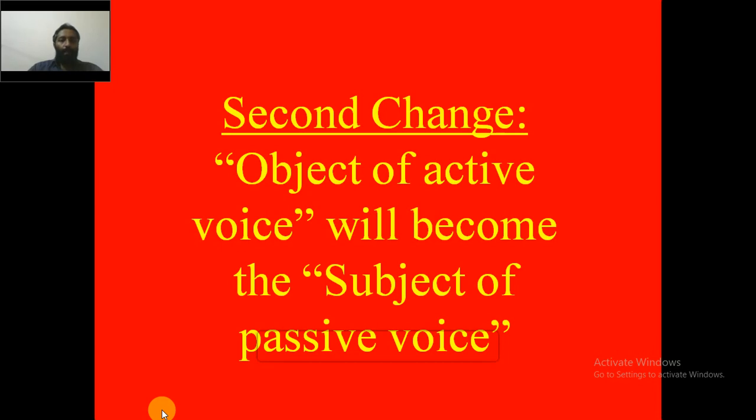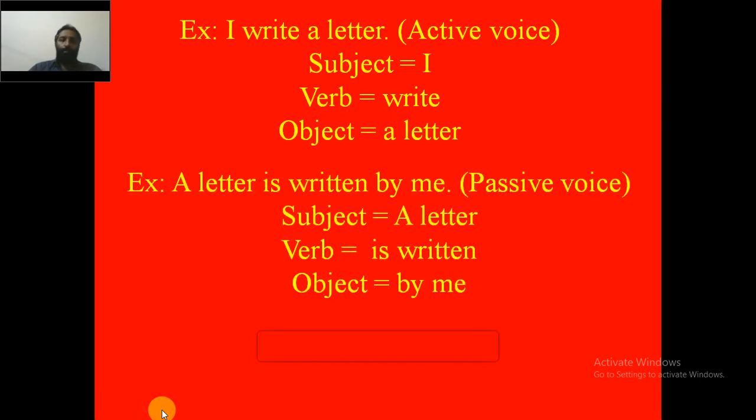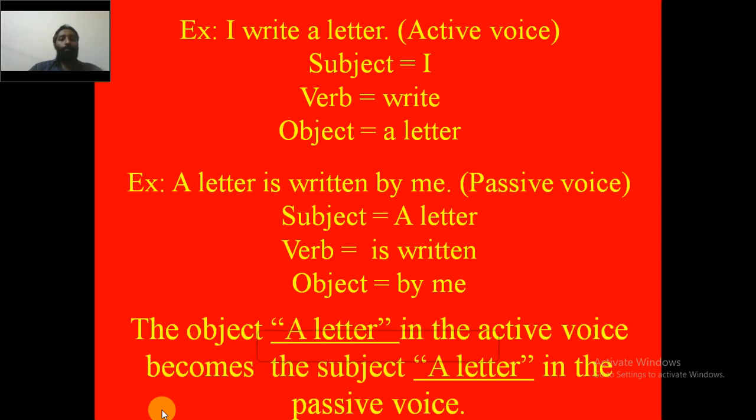Object of the active voice will become the subject of the passive voice. How does it happen in a sentence? So let's take the example. I write a letter, that is in active voice. Subject is I, verb is write, object is a letter. A letter is written by me, that is in passive voice.